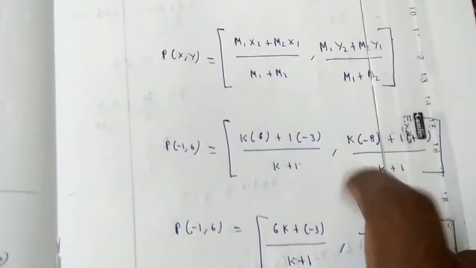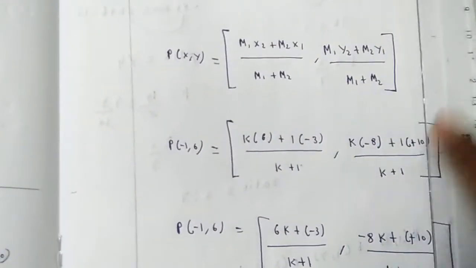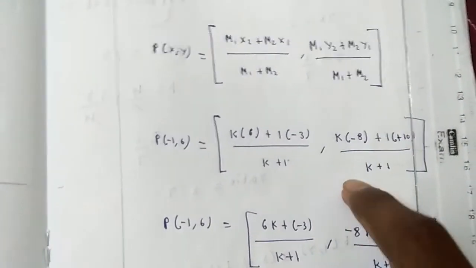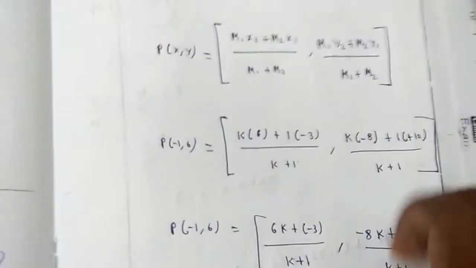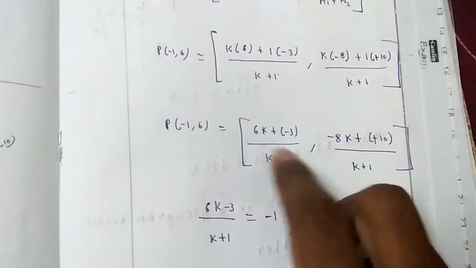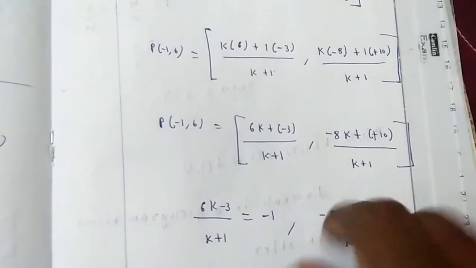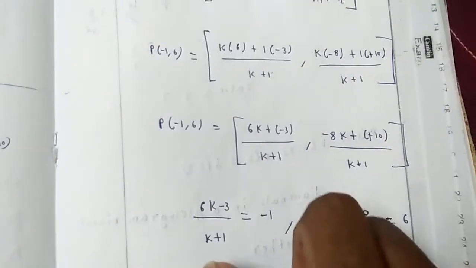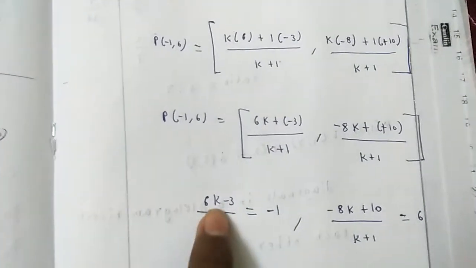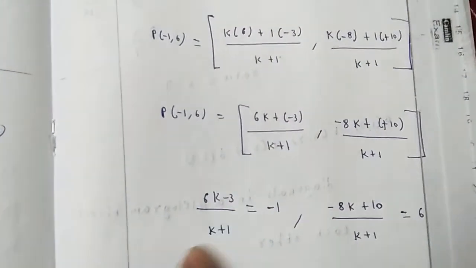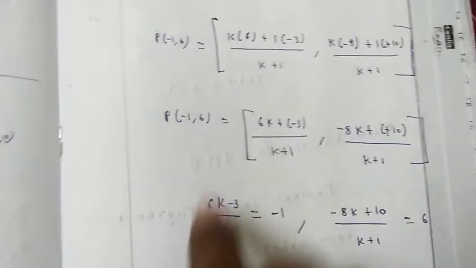Then m1 is k, -8 is y2, m2 is 1, and y1 is 10, by k plus 1. So we get (6k plus 1 into -3) by (k plus 1), comma (-8k plus 10) by (k plus 1). So you can write (6k minus 3) by (k plus 1).